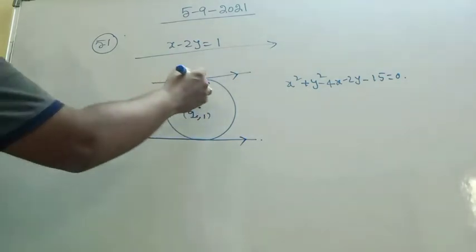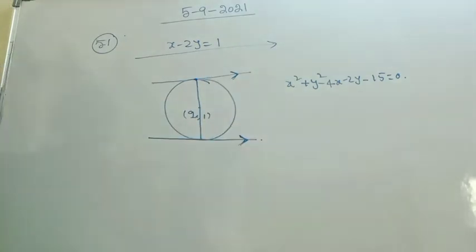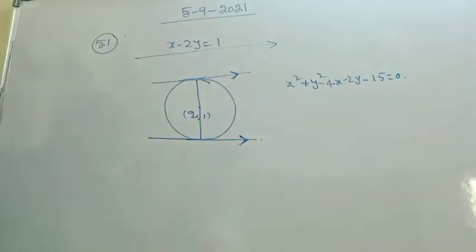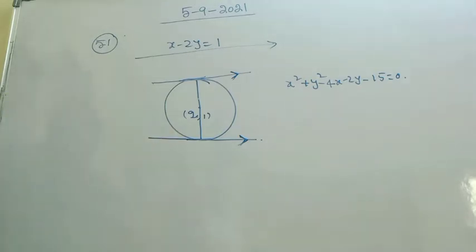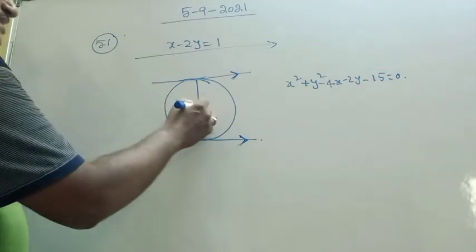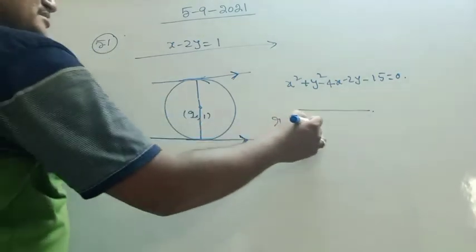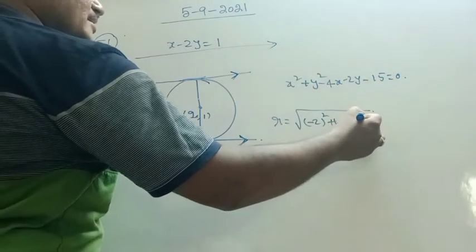And the diameter is nothing but the distance between these two parallel lines. We know the center, and the radius is square root of g square plus f square minus c, that is 2 square plus minus 1 square plus 15.